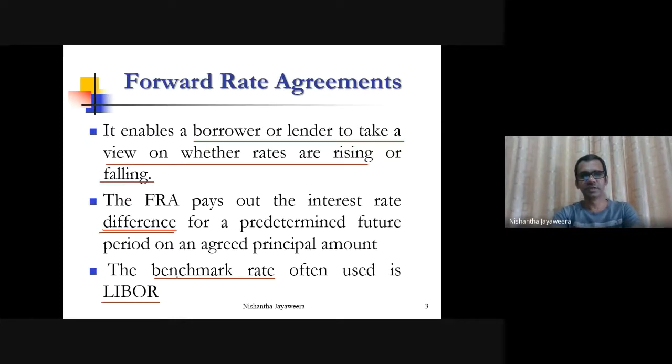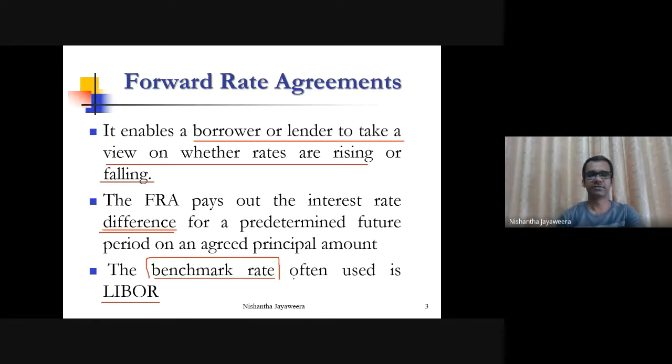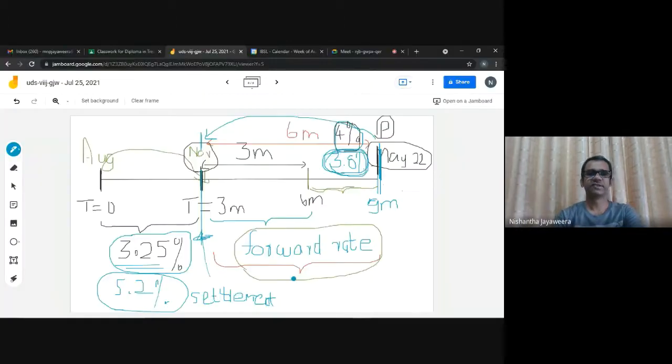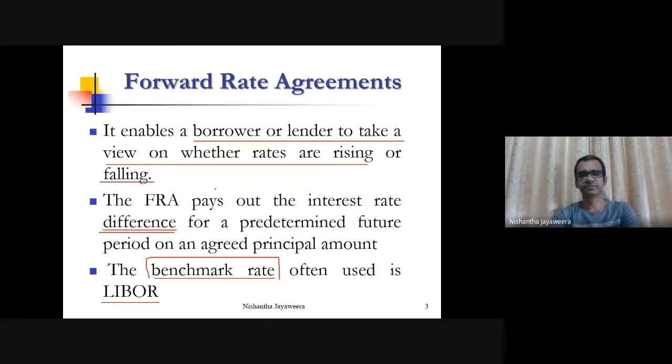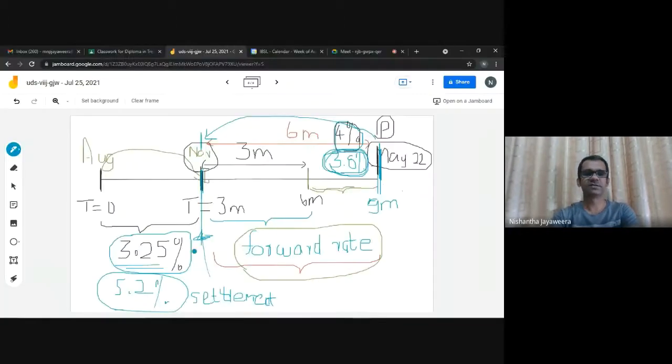So the key message is there should be a benchmark rate agreed upon. So you consider that rate when it comes to the time to accrue interest. Otherwise, there will be a confusion.